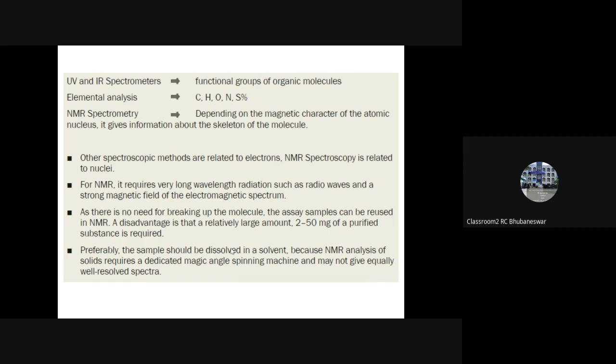We say that spectroscopy is all about interaction of radiation with matter. As a whole, we make this statement, but that radiation can be radio wave, microwave, IR region radiation, or UV visible radiation.